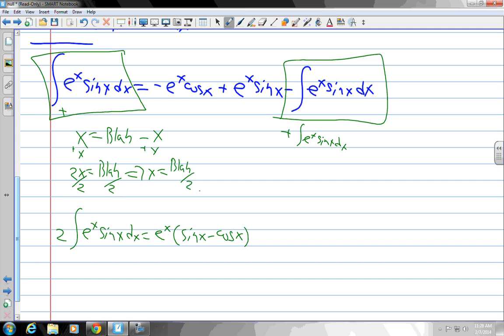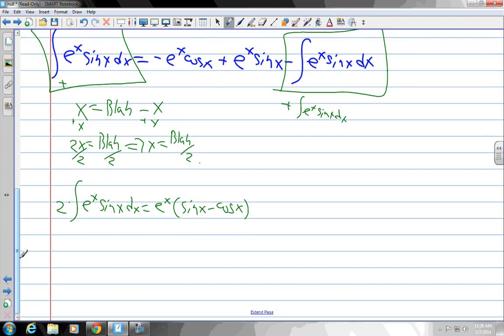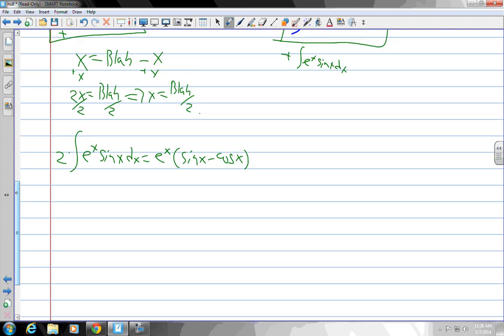I can factor e to the x out. Well, can we solve for that integral? Divide by 2. So the actual value of this integral is all that.